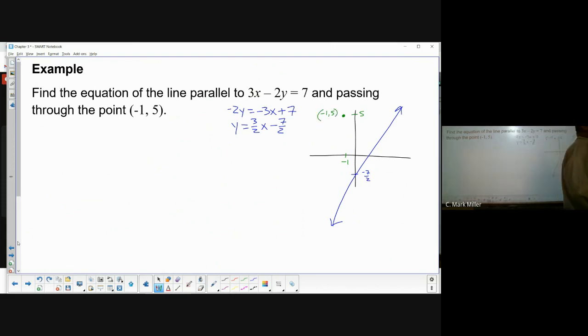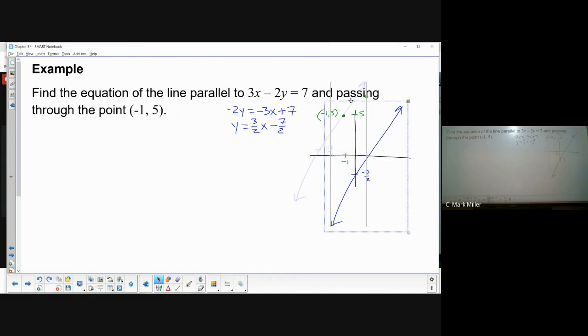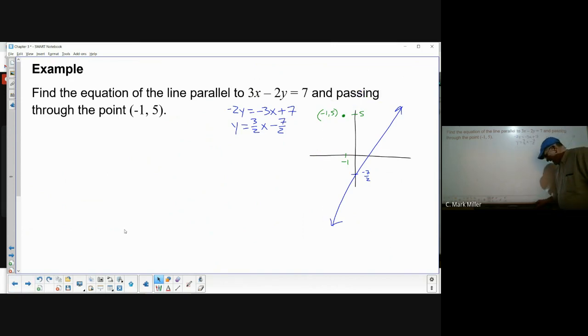So we want the line parallel to this line that goes through that point.